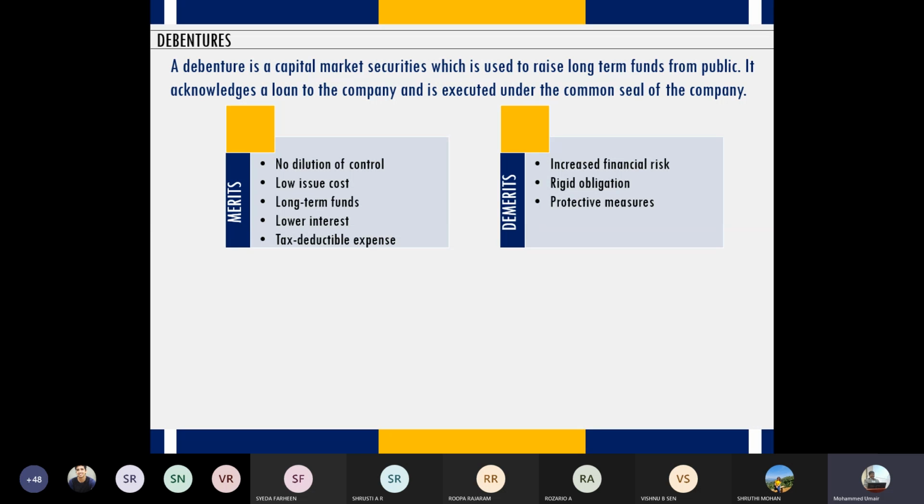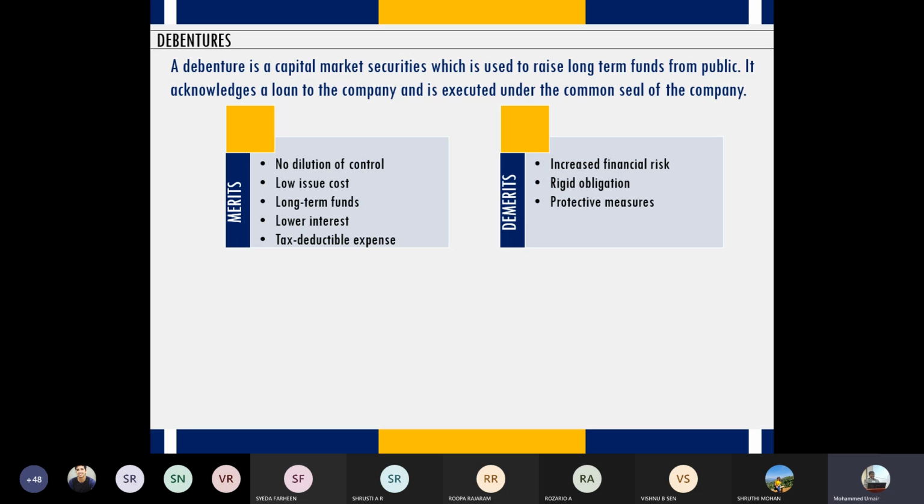That's another issue, called default risk. When a company does not have sufficient cash available to pay its debt, it is called default risk. So debentures expose a company to both financial risk and default risk.